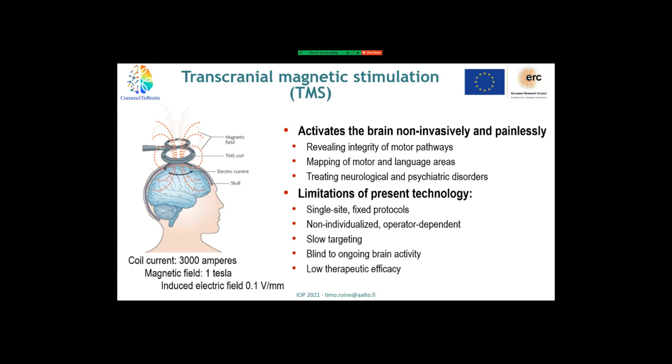It can only be used to stimulate a single location at a time. And changing the locus of the stimulation is very slow and operator dependent, so this is done typically manually. It is also blind to ongoing brain activity, and these limitations might affect the relatively low therapeutic efficacy of the current treatment protocols.